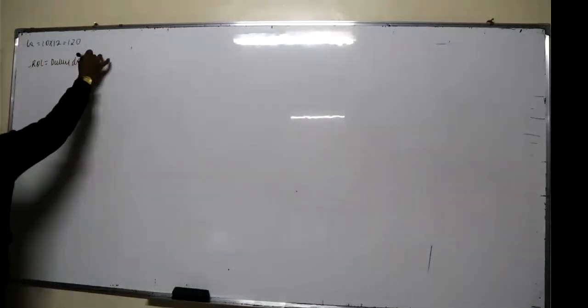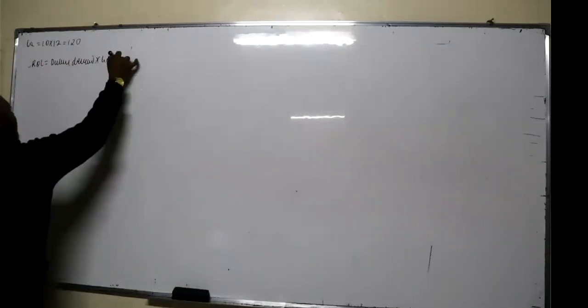That's why now you take the daily demand times 8. How much is our daily demand? It's 1,600, right? You divide by 30.